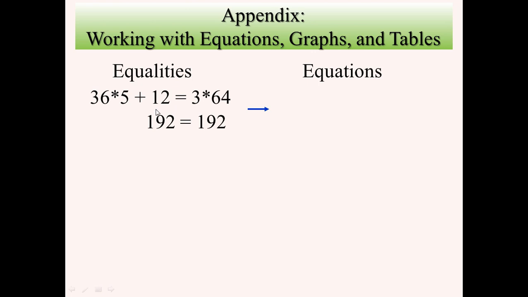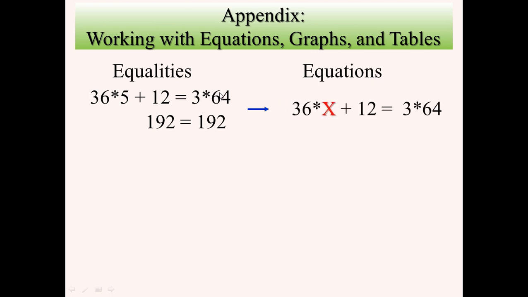Yes, they are equal because 36 multiplied by 5 plus 12 equals 192, and 3 multiplied by 64 equals 192. That's why 192 equals 192. Okay, look at the other side.